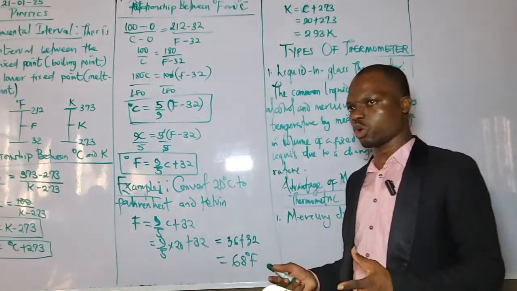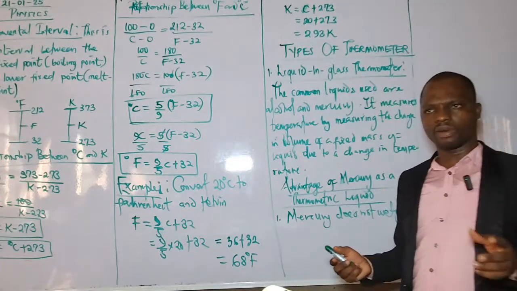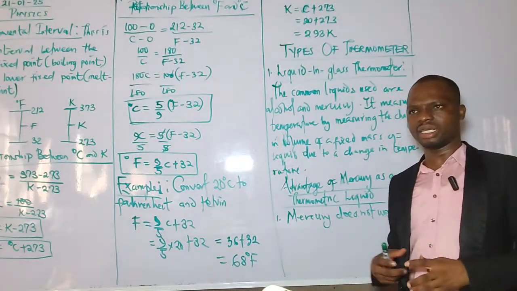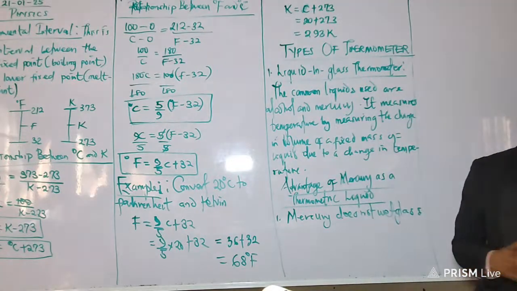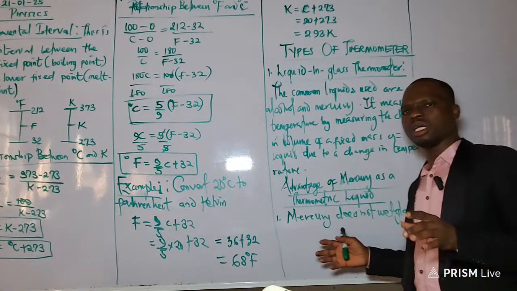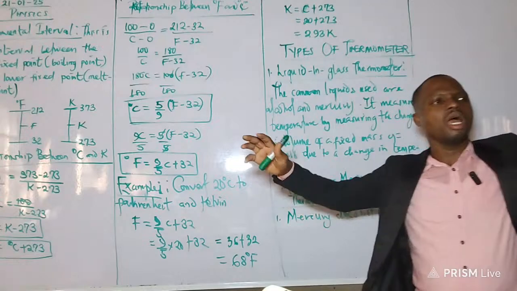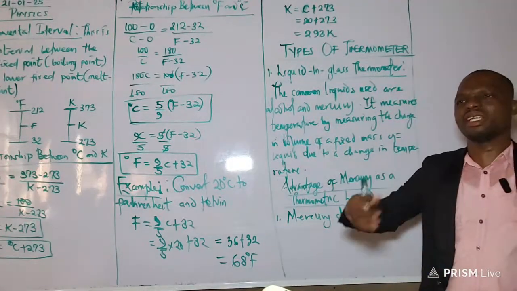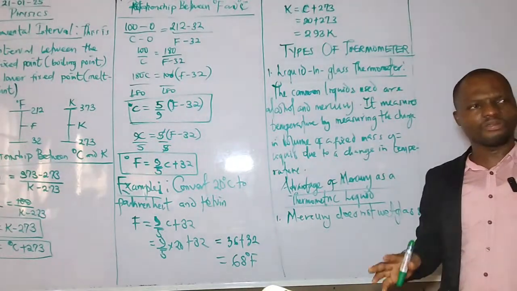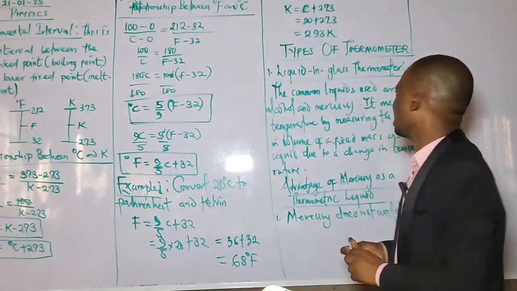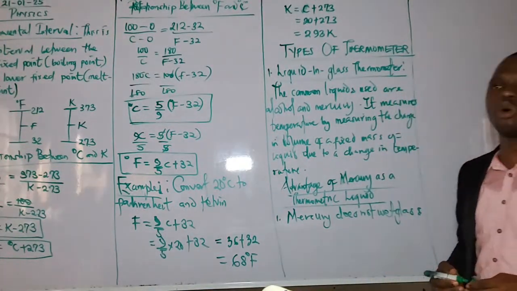We have discussed this under the two types of forces. We have cohesive forces and adhesive forces. When we talk about cohesive force, it is the kind of force that exists between molecules of the same type, while adhesive forces are those forces that exist between molecules of what? Different type.